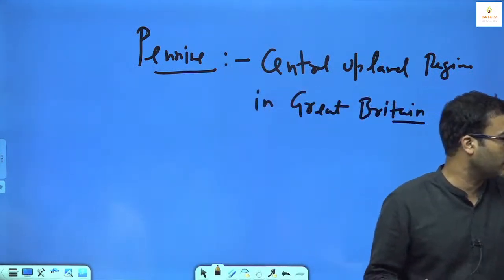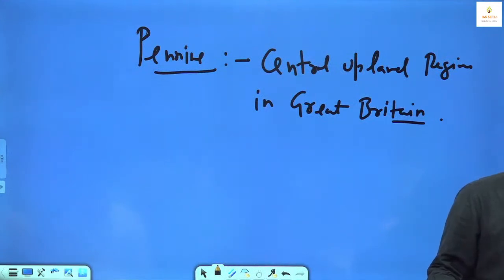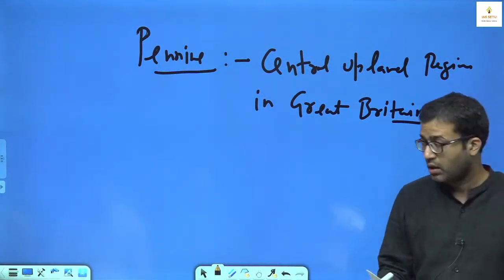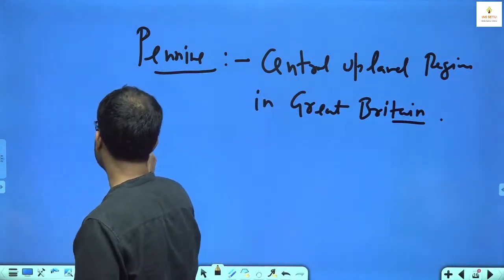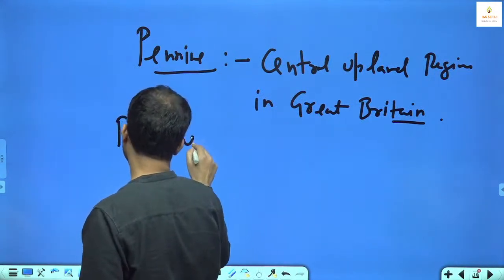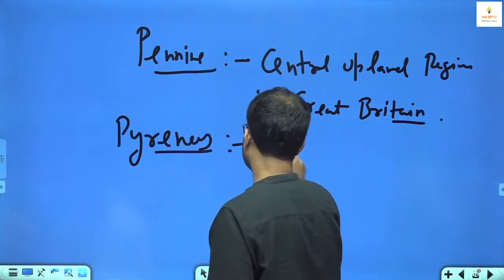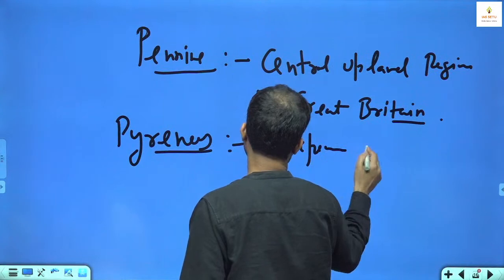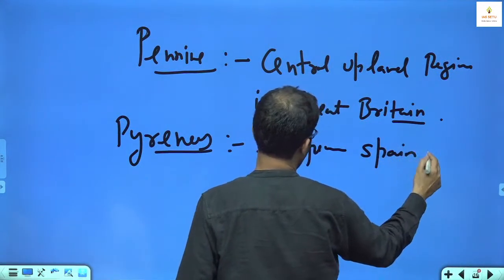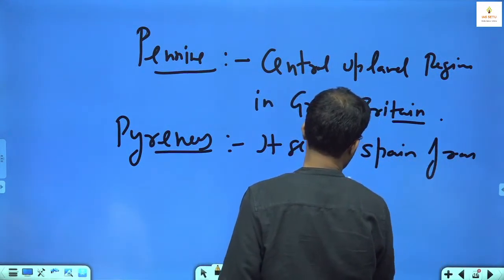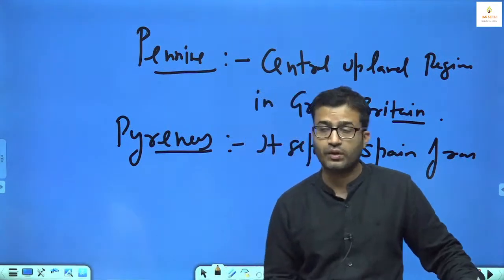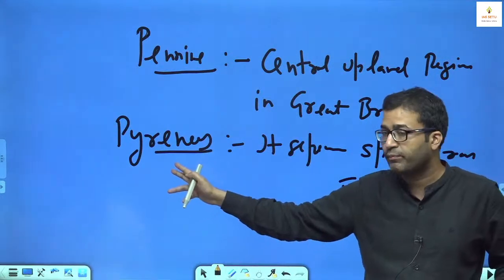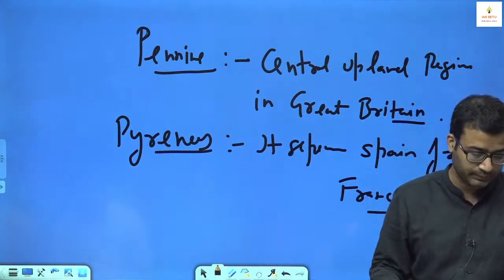After that we have Pyrenees. It separates Spain from France. So can we say it is between Spain and France? We have Pyrenees. So we have Pennine, we have Pyrenees, then Apennine.